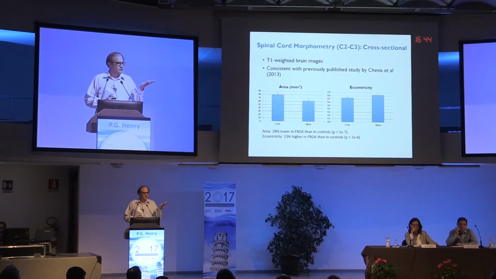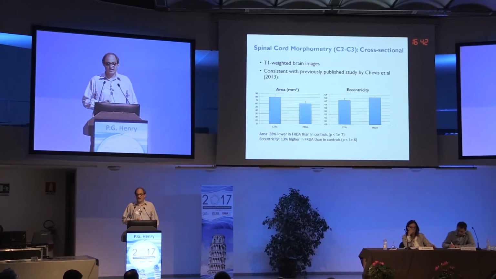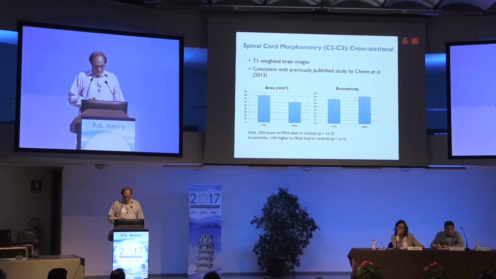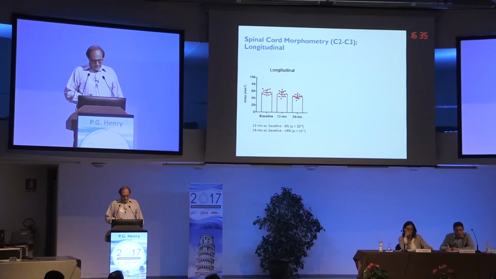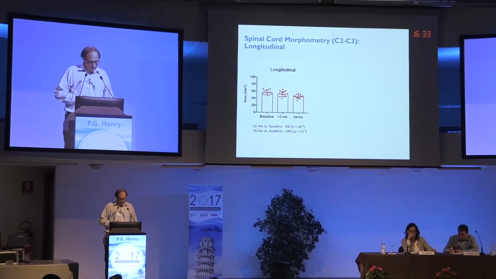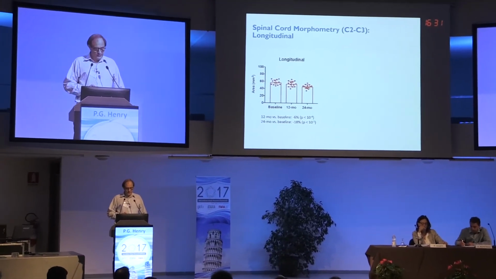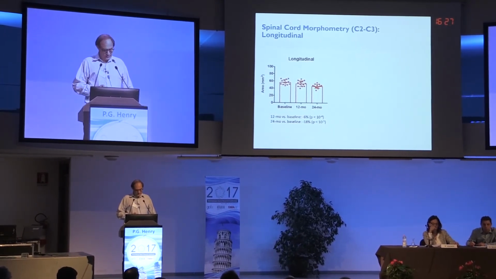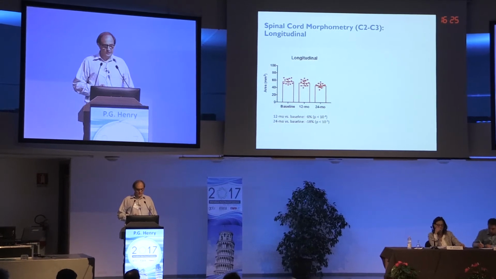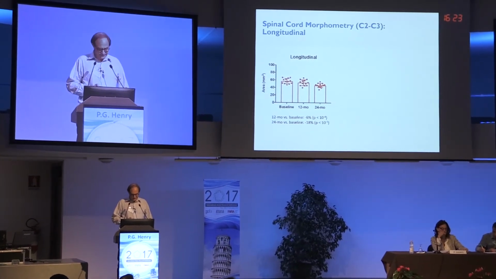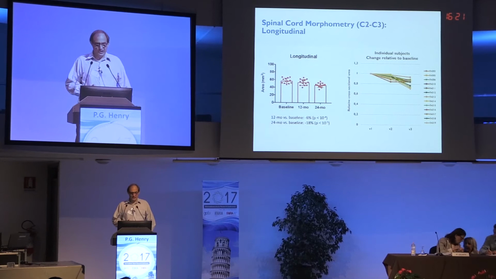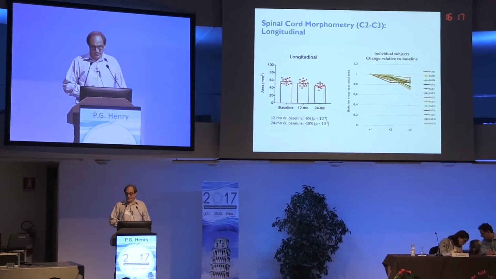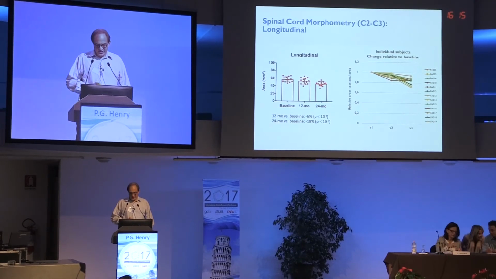And that's also consistent with the degeneration of dorsal columns. And in longitudinal, we found a clear decrease over time at 12 months and 24 months, with an 18% decrease at 24 months compared to baseline. And these are the changes in individual subjects at 12 and 24 months. You see all of them are decreasing over time.